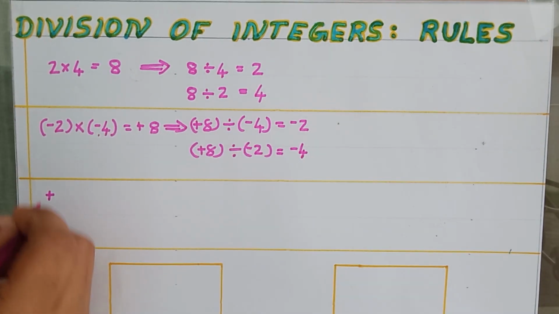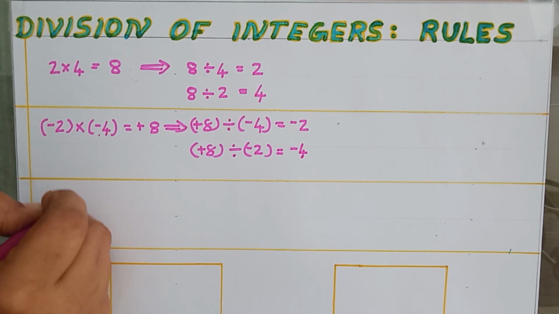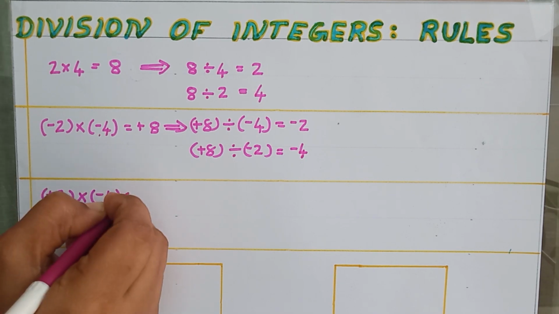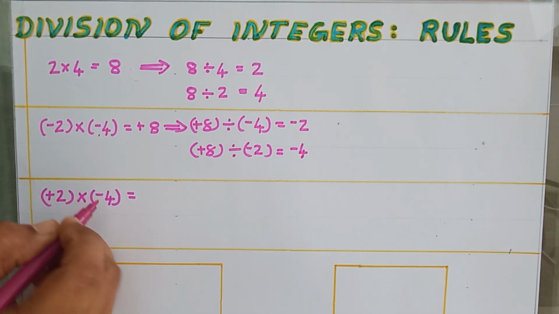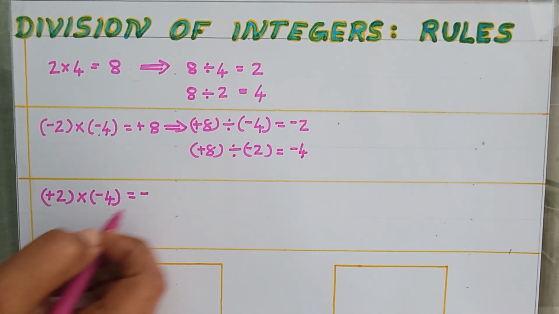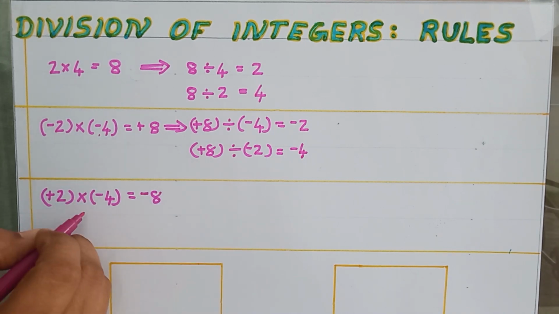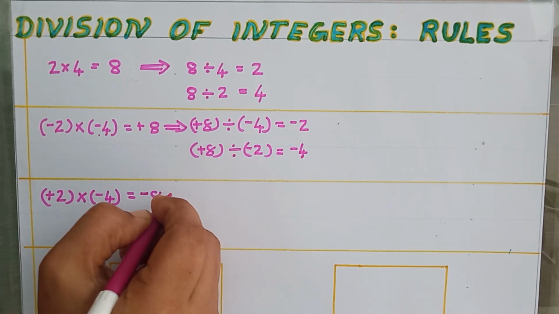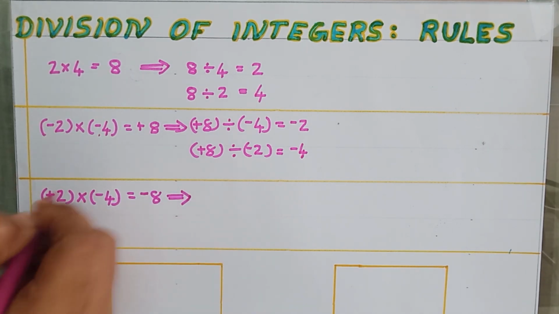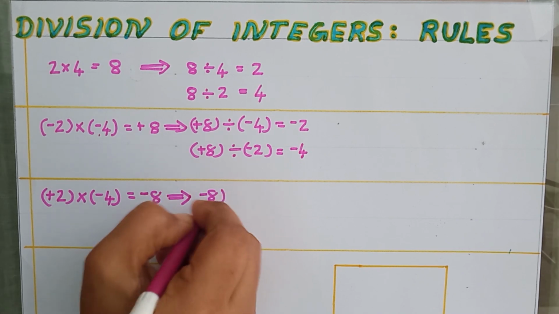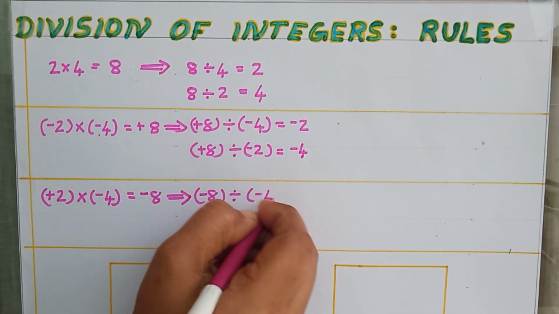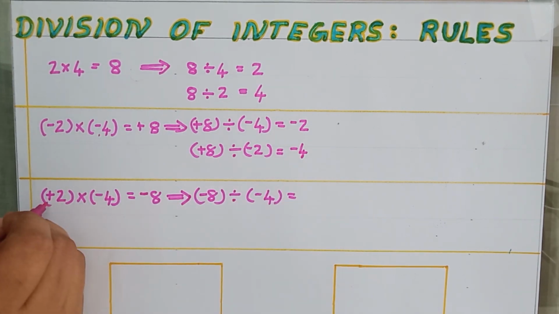I am taking one more statement, that is plus 2 into -4 equal to, what will be the answer? Plus into minus. We know the answer is minus, then 4 into 2, that is 8. So -8 is the answer. We can write this multiplication statement in terms of division statement. How? -8 divided by -4 equal to, what is the remaining number?